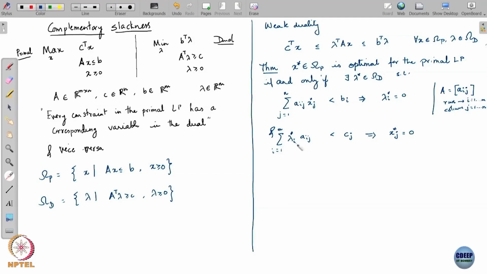Likewise, if you look at the jth constraint in the dual LP, if that holds strictly, okay, sorry, there's a slight mistake here in the direction of the inequality.